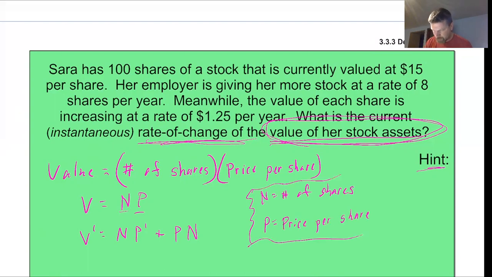I want to know the current rate of change, so what is V prime right now? That depends on what N is right now. N is the number of shares she has right now. Currently, she has 100 shares.